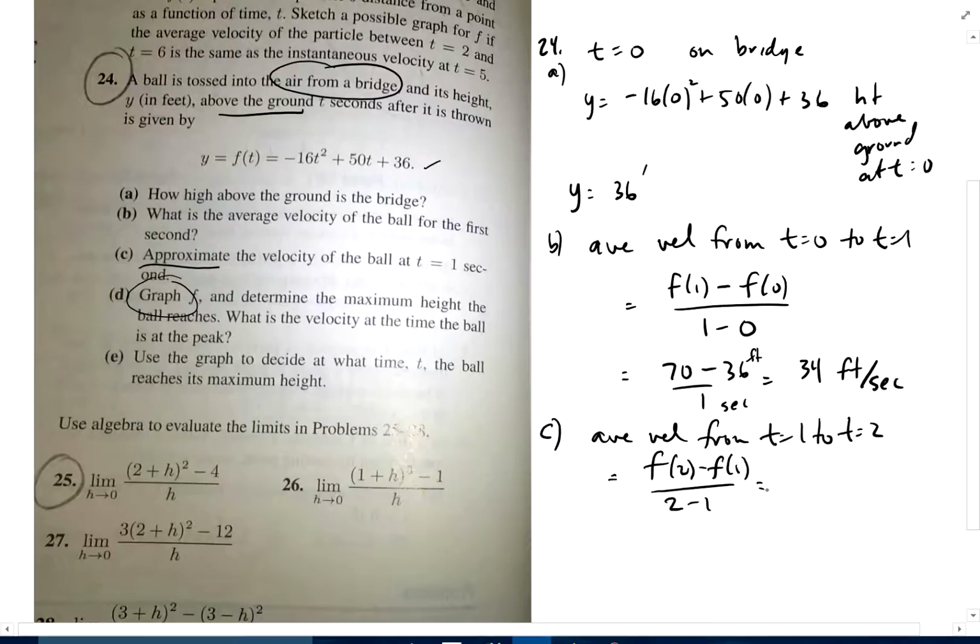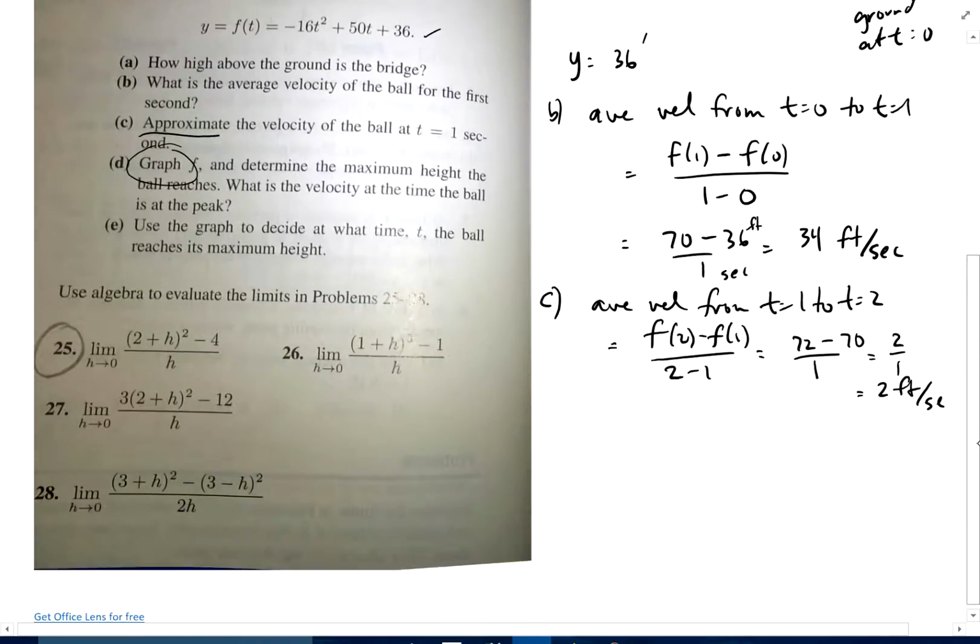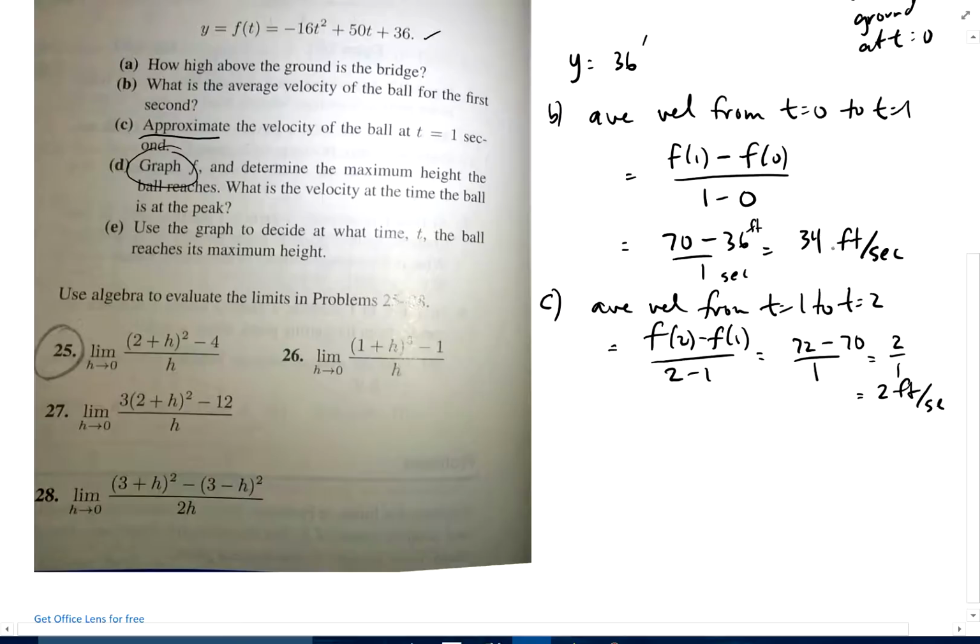So f of 2, let's see, if I did this right, negative 16 times 4 plus 100 plus 36 is going to be 72, minus f of 1, 70, over 1, which is 2 over 1, which is 2 feet per second. Okay, now we can see this doesn't really help me much with approximating it. It's going to be probably somewhere between those two values.